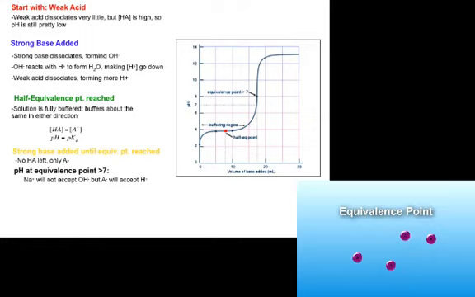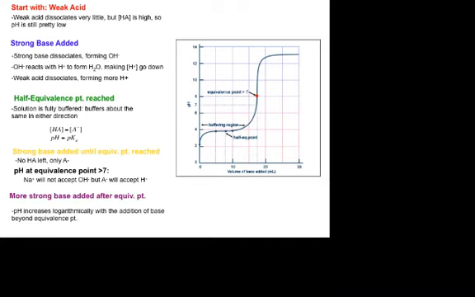But that's also because mainly the Na+, if we're assuming NaOH is a strong base, is not going to accept OH minus, but the A minus of the HA will accept H+. So there we're at the equivalence point, and if you continue to add strong base after that, the pH is going to increase logarithmically, which is what you would expect if there were no weak acid there, because pH is a log scale.